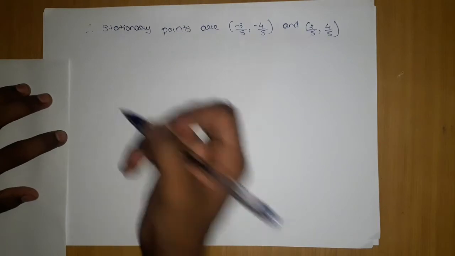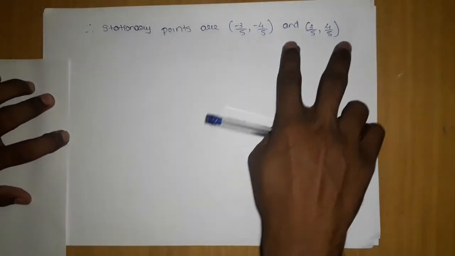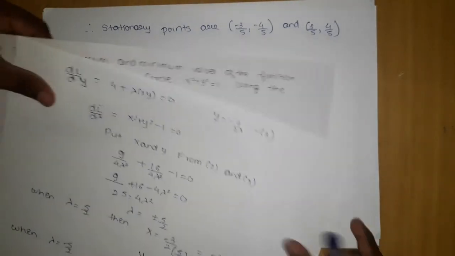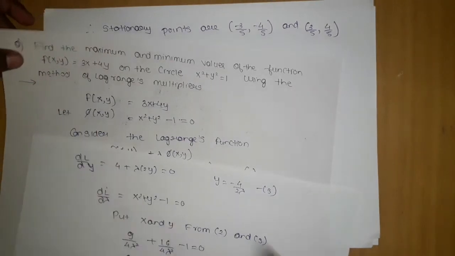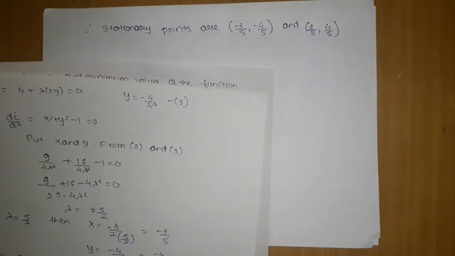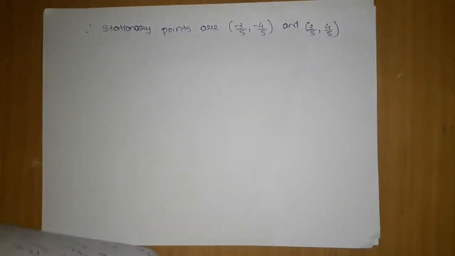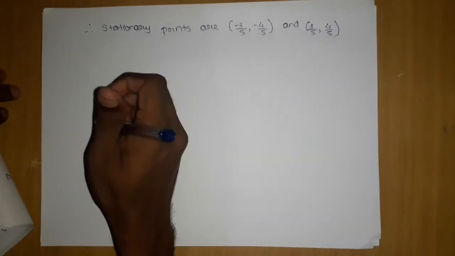Now we want to know the maximum and minimum values, and these points satisfy the constraint phi of x comma y, because we got them by solving dou L by dou x, dou L by dou y, and dou L by dou lambda.